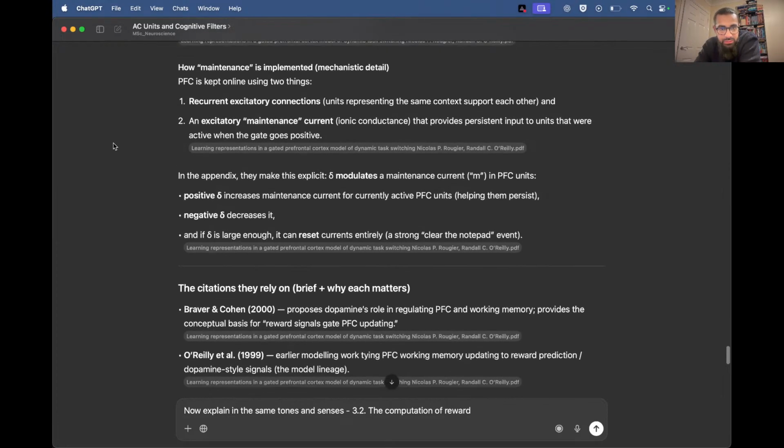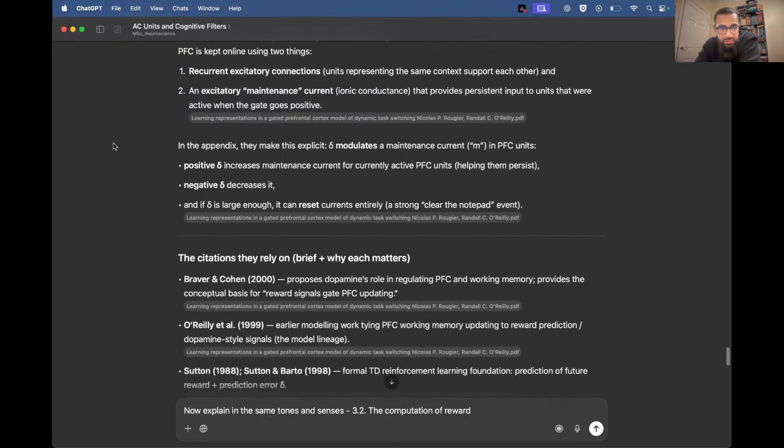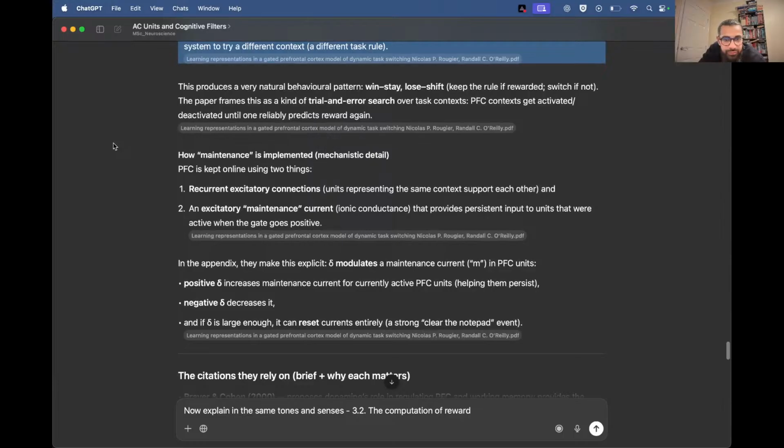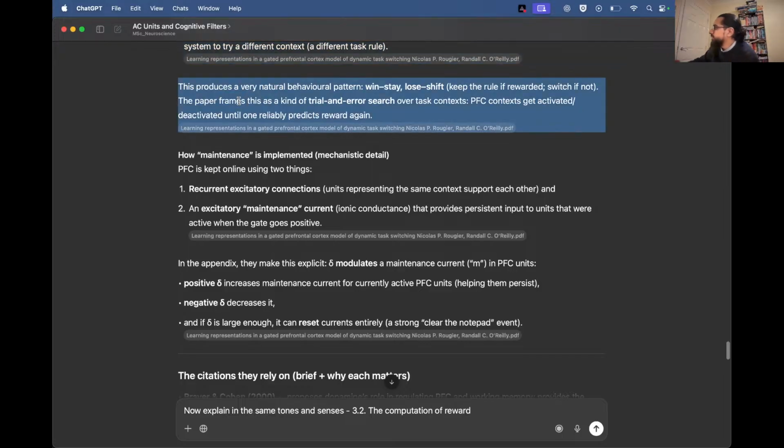How is maintenance implemented in mechanistic detail? PFC is kept online using two things. Trial and error search. Go back to the basics for a second.